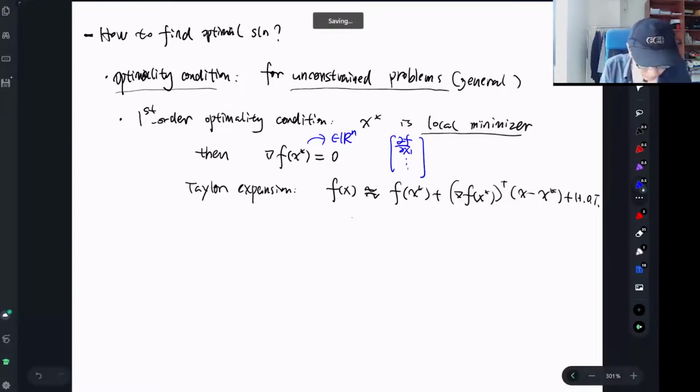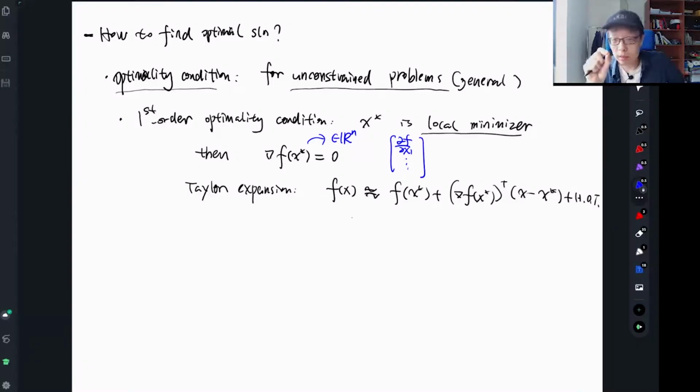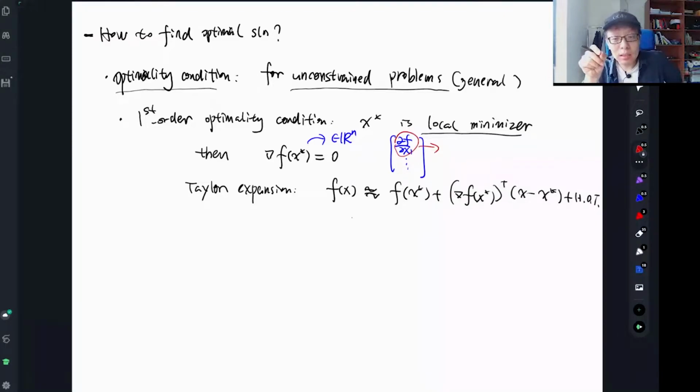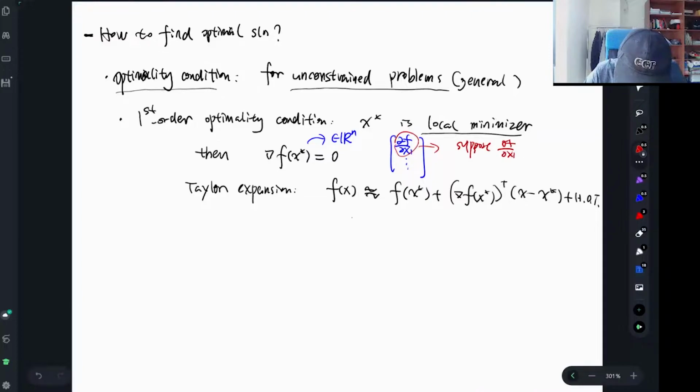If it's not 0, you can always pick some x. Suppose partial f partial x1 is non-zero, say bigger than 0, without loss of generality.